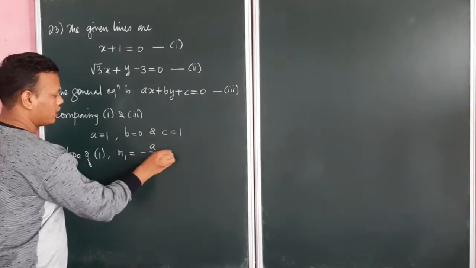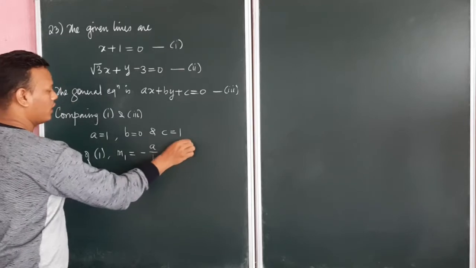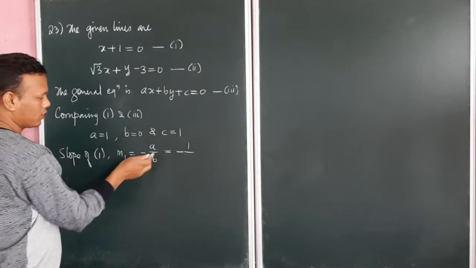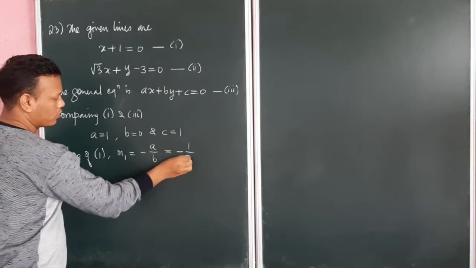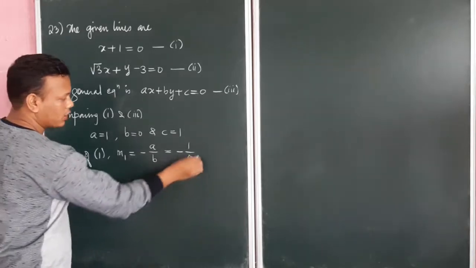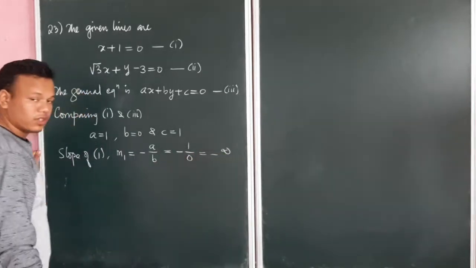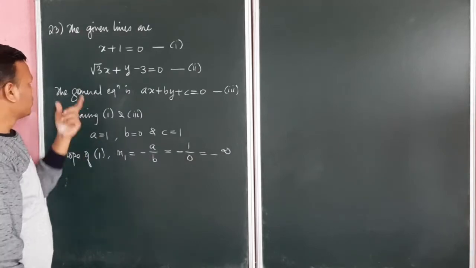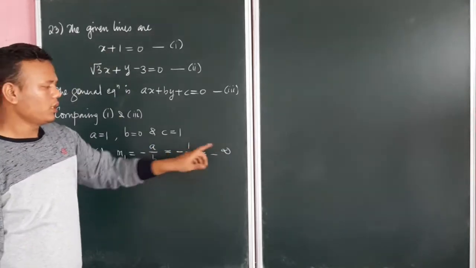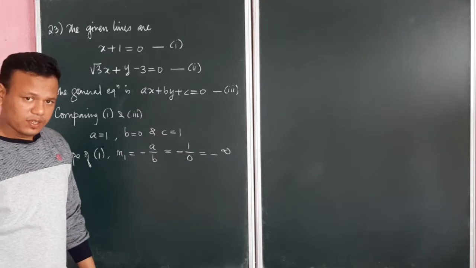So minus 1 by 0, because b is 0. What is that? It is minus infinity. Remember that. The slope of this particular line turns out to be minus infinity.